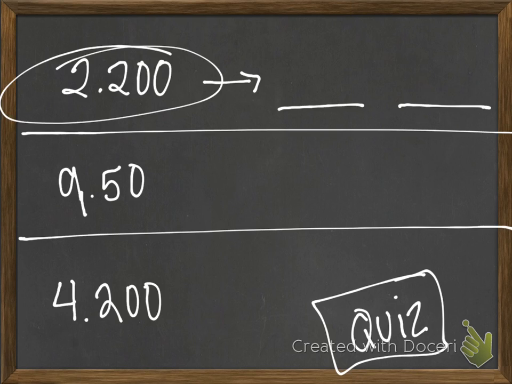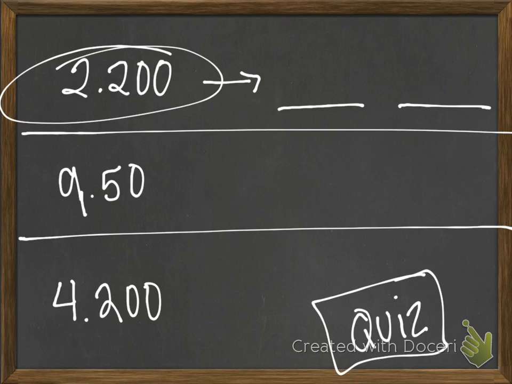So see how many you got right and wrong, and I will be able to see that on my end. It will show me your score, and once you're done watching this video, you are going to come up to me and tell me how many problems you got right or wrong, or that you don't know, and I'll tell you if we need to work together or if you can go ahead and work on your practice.